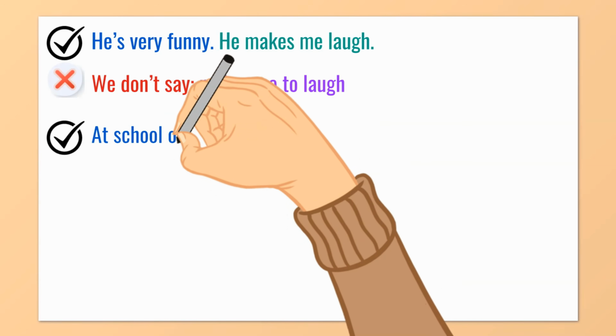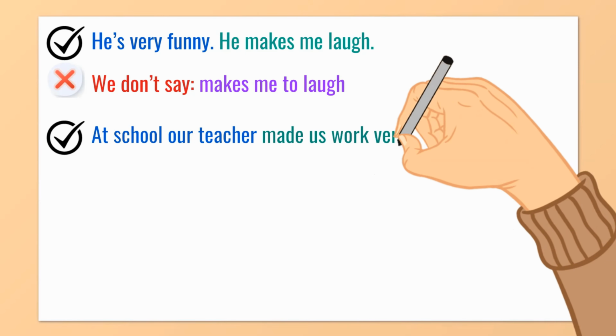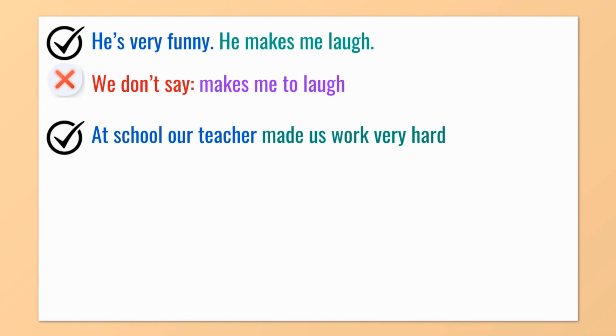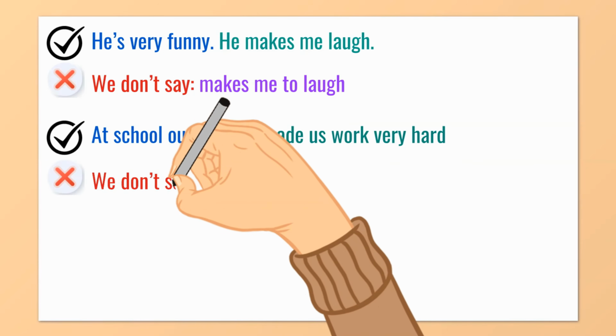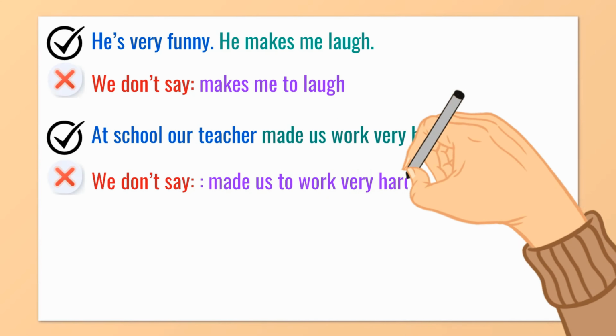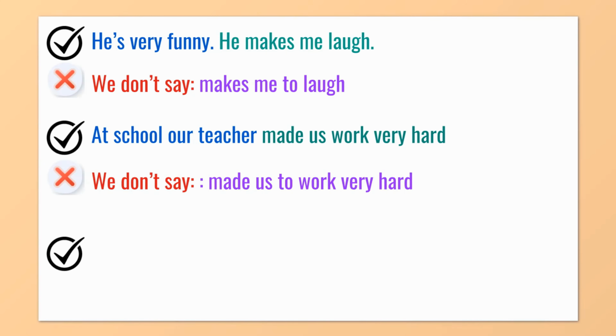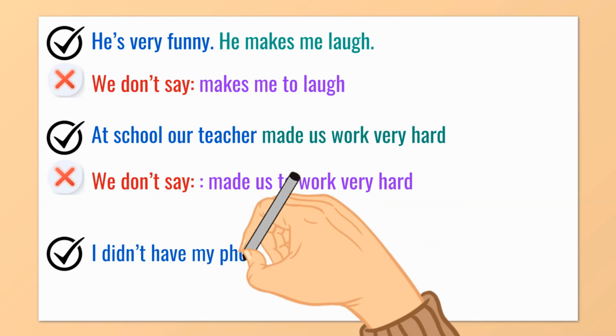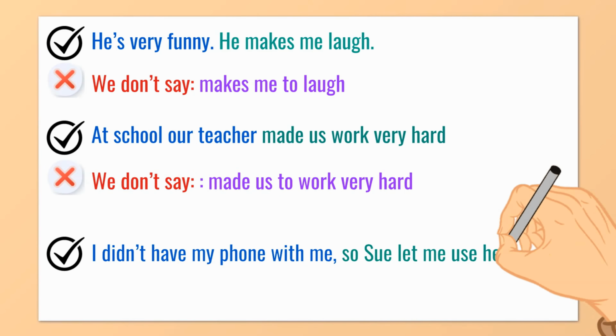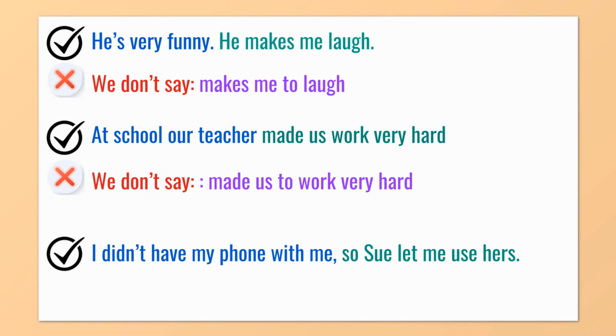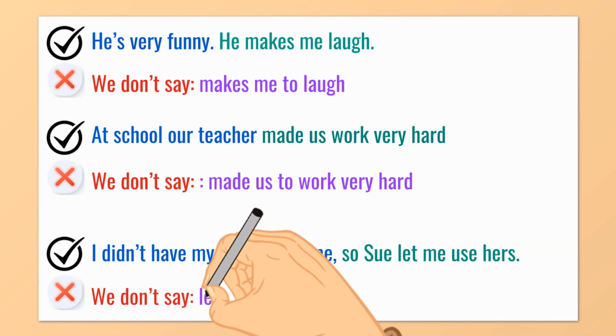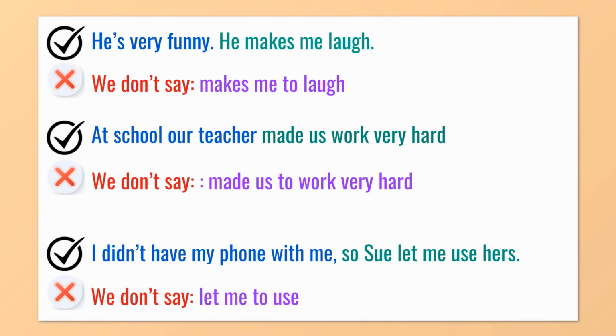At school our teacher made us work very hard. We don't say, made us to work very hard. I didn't have my phone with me, so Sue let me use hers. We don't say, let me to use.